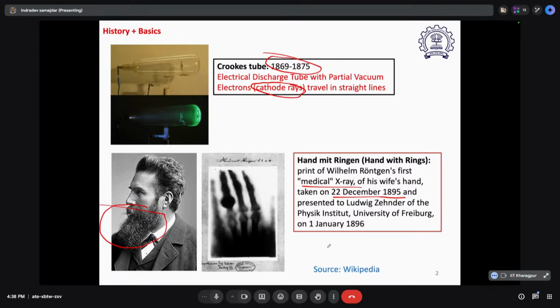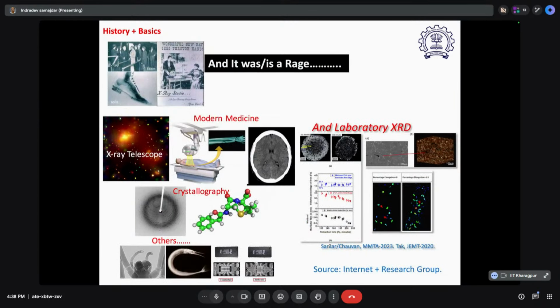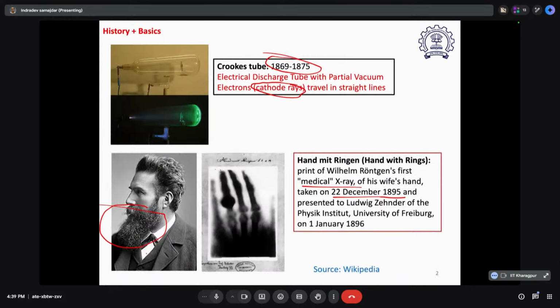Now, what happened then? It became a roar. So people were getting their feet x-rayed, the nails on the boot. Society ladies were getting their hands x-rayed. There was a rage. Today it's possibly an equal rage. There are X-ray telescopes.